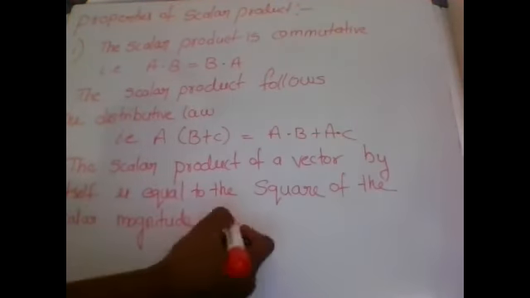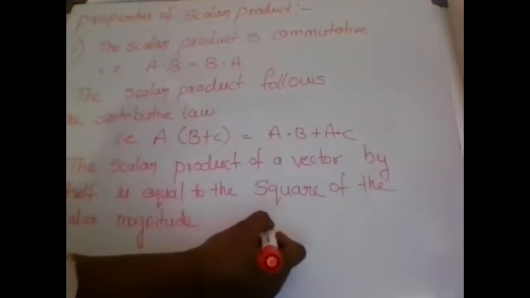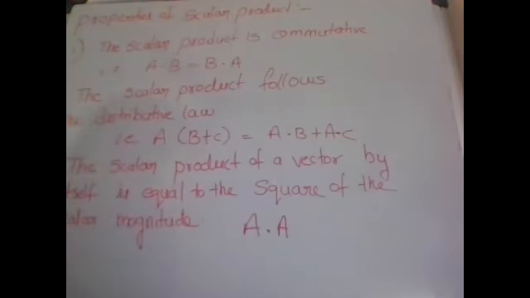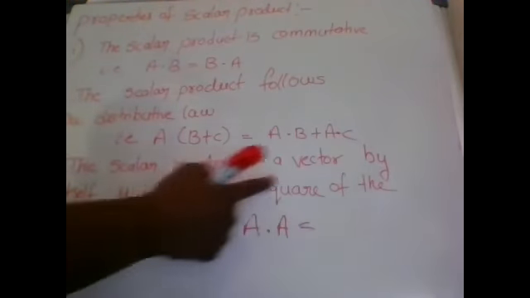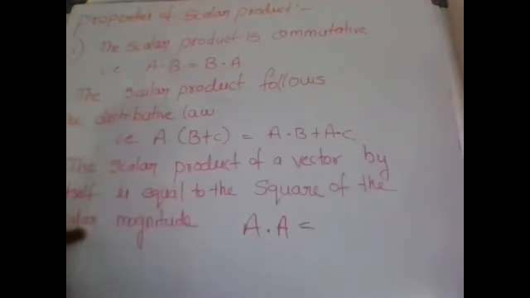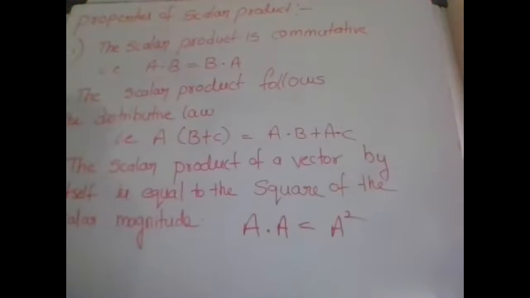That means the product of a vector by itself, A dot A, equals the square of the magnitude, that means A square. This is the third property.